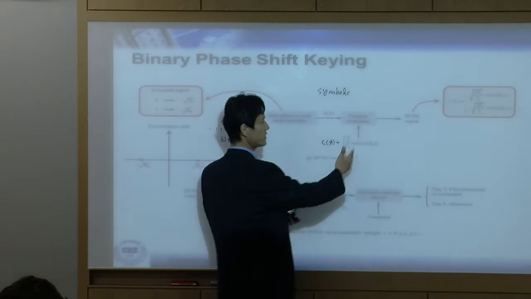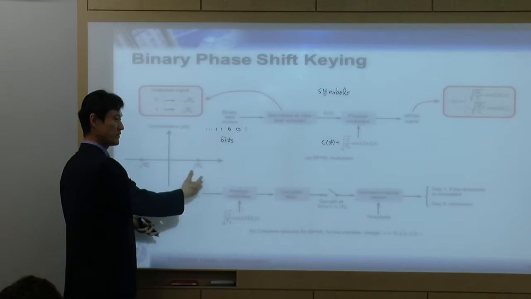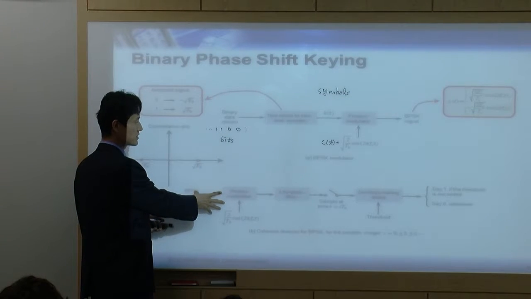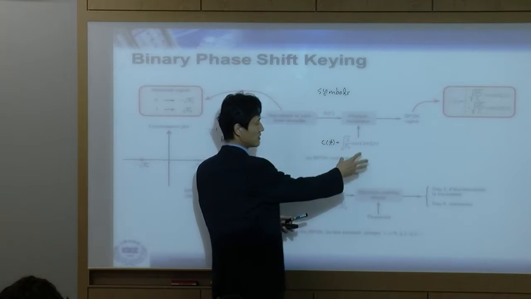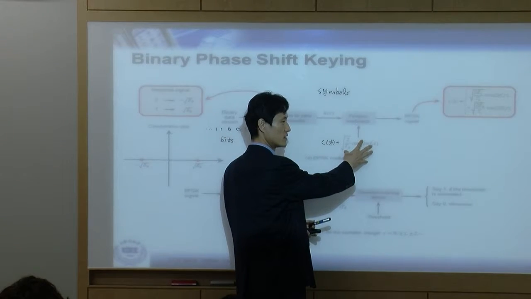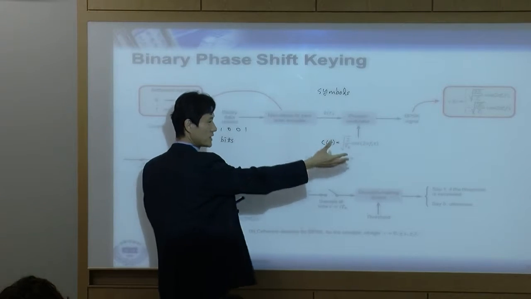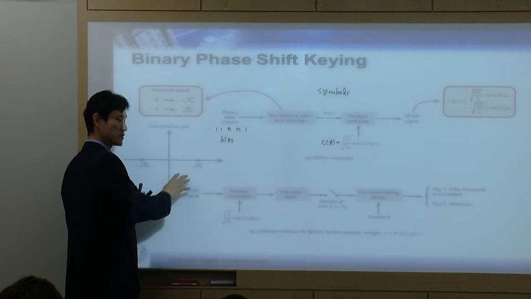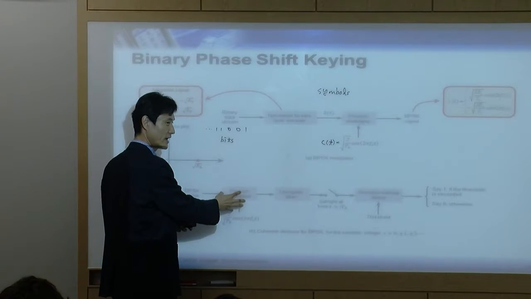You multiply the carrier just before transmission. At the receiver, right after you receive the signal, you multiply the same carrier. So therefore, our carrier is cosine. So you multiply the cosine and then transmit. This signal is now received, and you multiply cosine again.